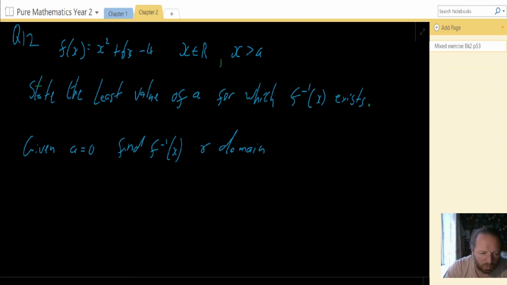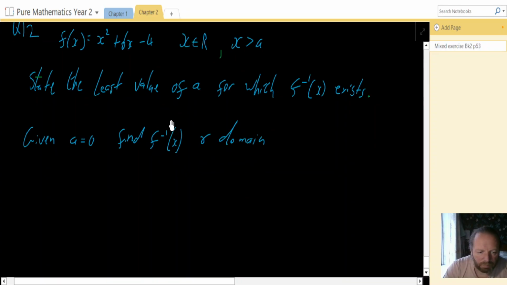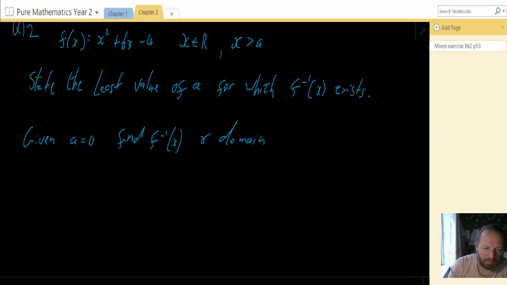Okay, that's question 1. So let's have a think about what we've got here to begin with. What is x squared plus 6x minus 4? It's going to be some sort of quadratic, U-shape thing.